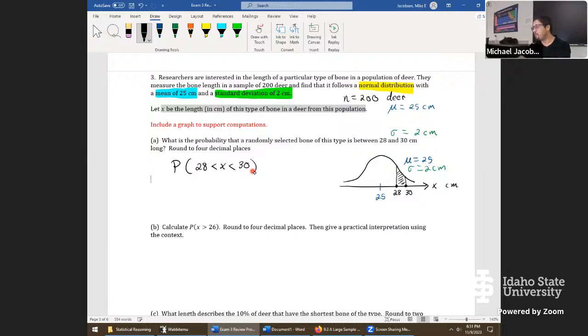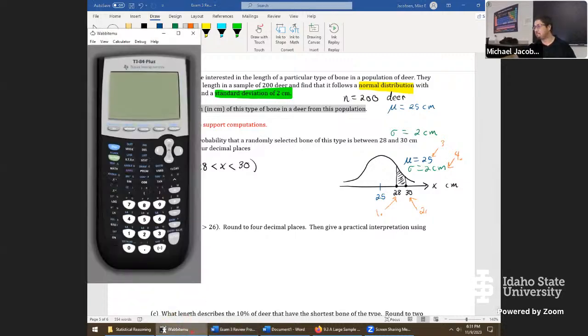So whatever the probability is, it's going to be represented by that area right there. That's our answer, but it's really hard to calculate that area from a drawing. So we'll use the normal CDF calculator, that'll be inputs 1, 2, 3, and 4. So let's get this calculated and see what it comes out as.